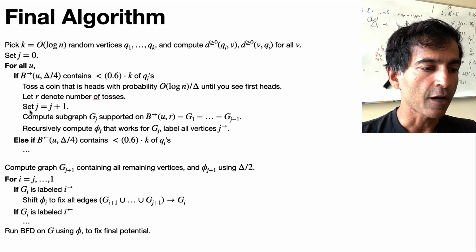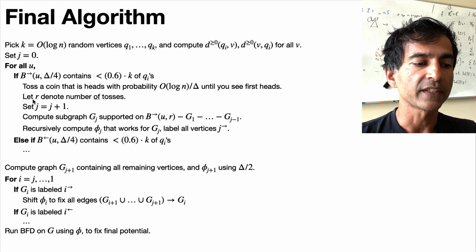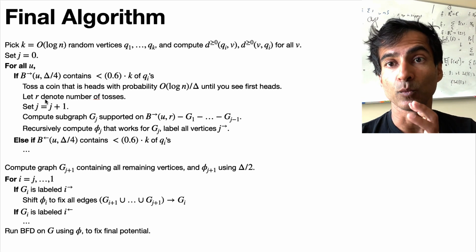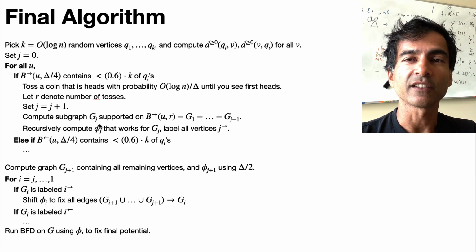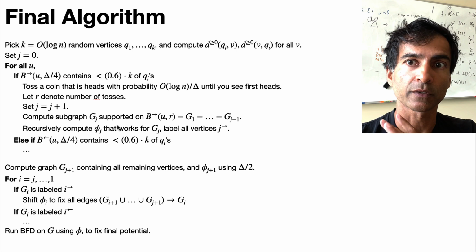Then we have a counter j, and using the first ball, we'll take the ball of radius R and use it to define a subgraph G1. So Gj will be the graph supported on the current ball minus all of the graphs that we partitioned off from the space before.